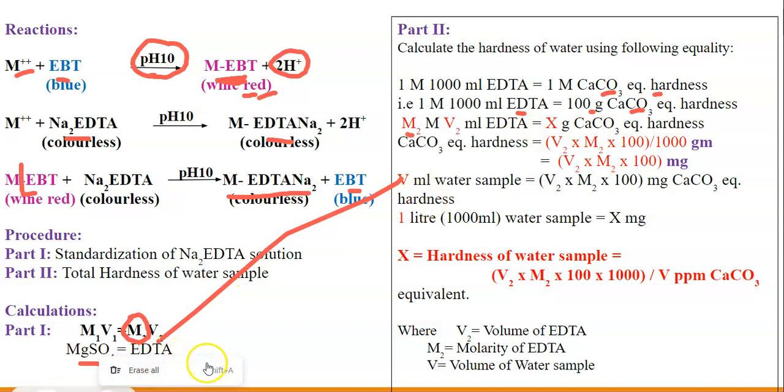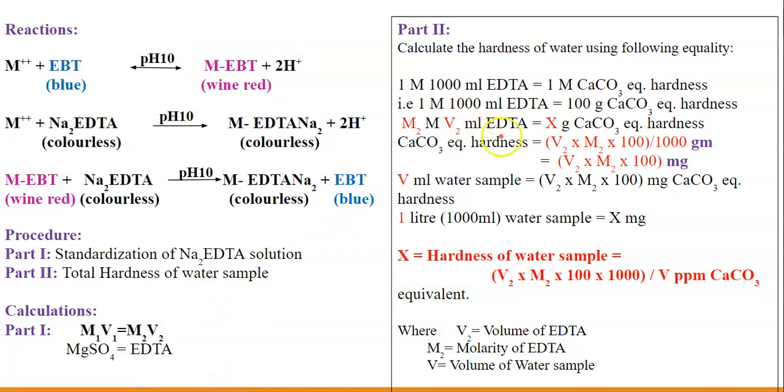Since we know that 1 molar 1000 ml EDTA is equal to 100 gram of calcium carbonate, we need to calculate, if we have taken M2 molar V2 ml of EDTA, then X gram of calcium carbonate equivalent hardness would be present in water. So we are simply going to calculate the value of X by cross multiplying. So X would be M2 into V2 into 100 divided by 1000.